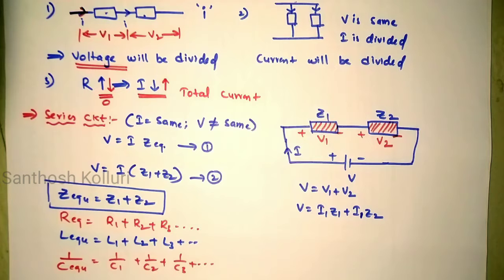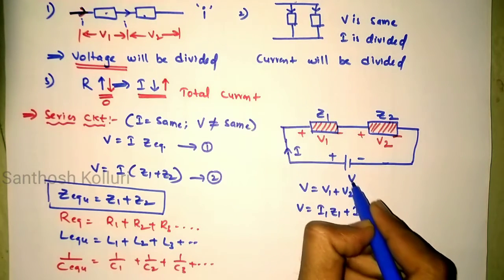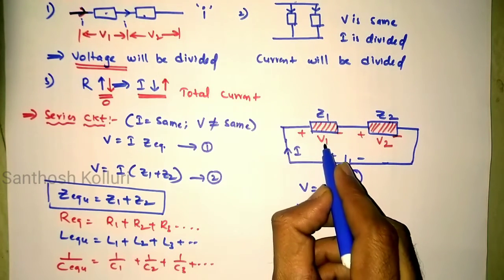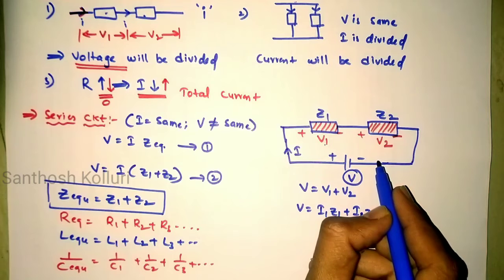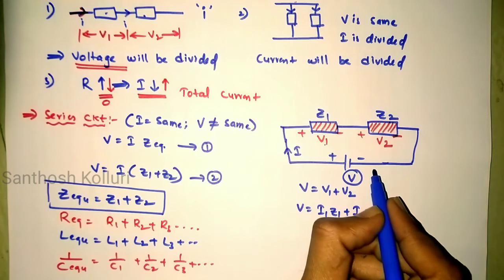This is related to series circuit calculation, and here the voltage is divided: the entire source voltage is divided into V1 plus V2.